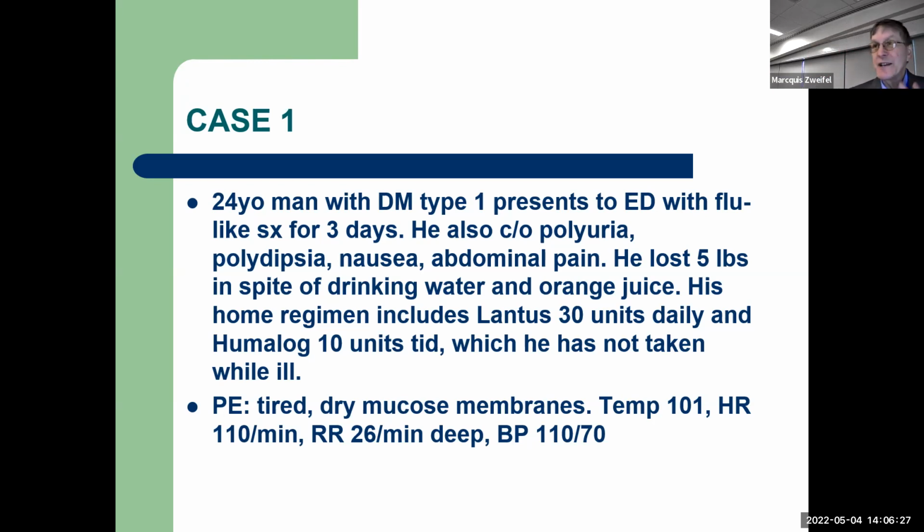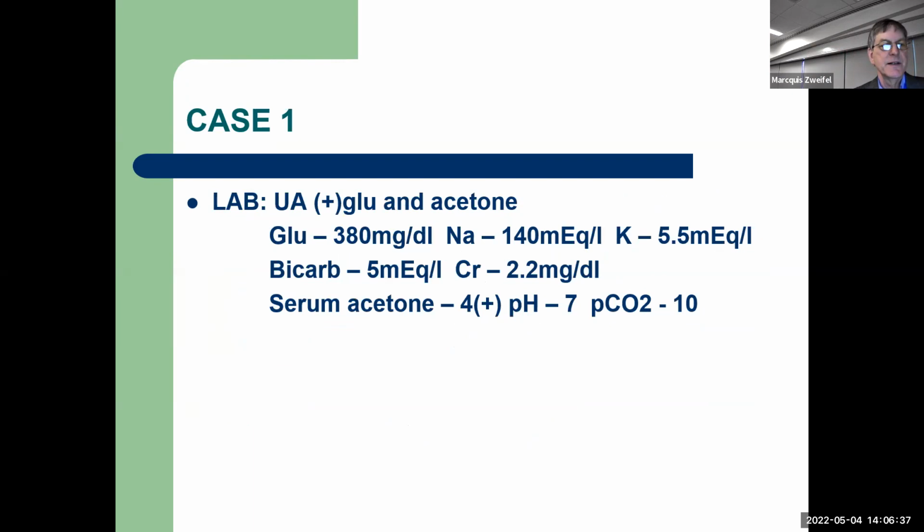He's tired, has dry mucous membranes, temp is 101, heart rate's 110, respiratory rate 26, blood pressure 110/70. UA shows glucose and acetone. His glucose is 380, not too bad. We see that every day in my clinic.